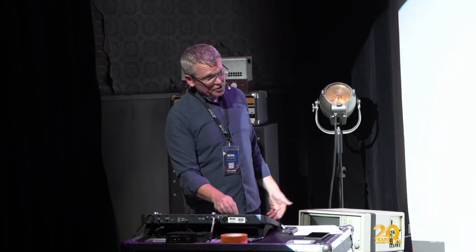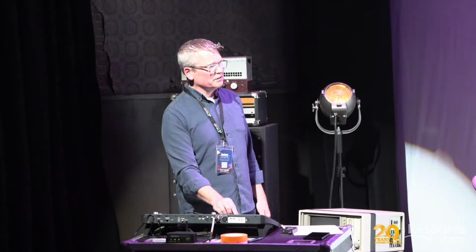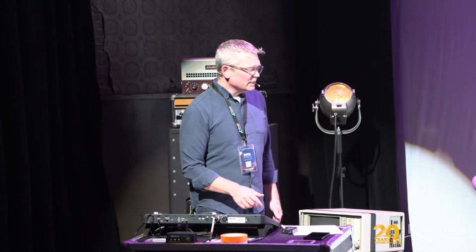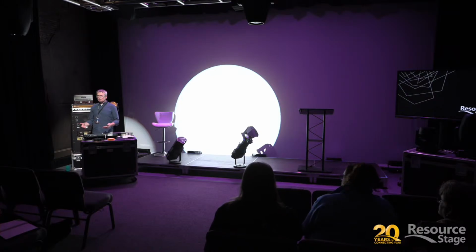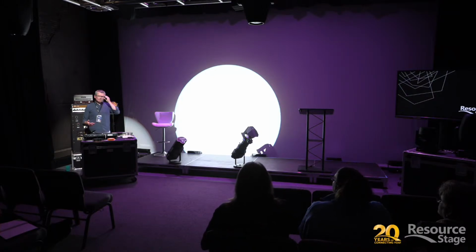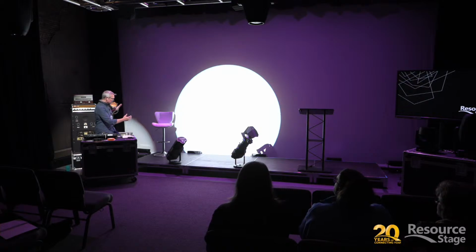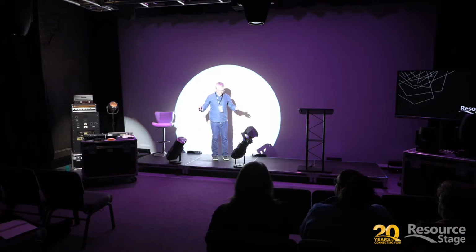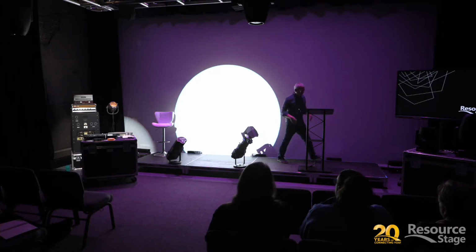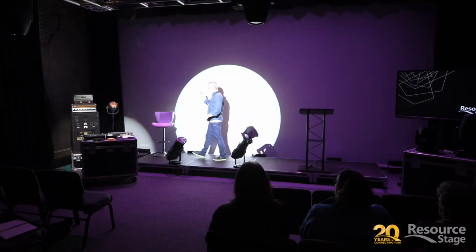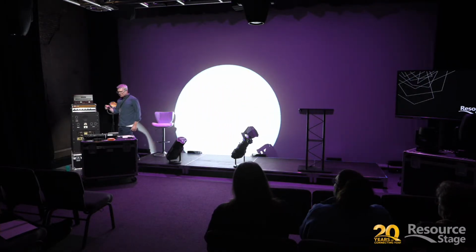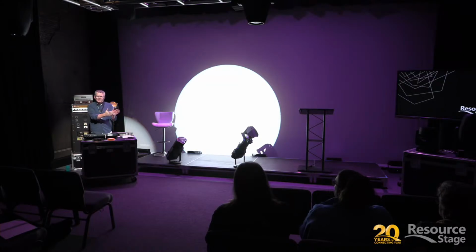Another way of doing this that I'm actually a bigger fan of is to have multiple cues. So for instance, one way of doing this would be to say, my first cue is going to be here, my second one is here, my third one is here, my fourth one is here, and I am going to change the speed on all of these cues so that I'm slowly bouncing through it and it looks like the light is moving.